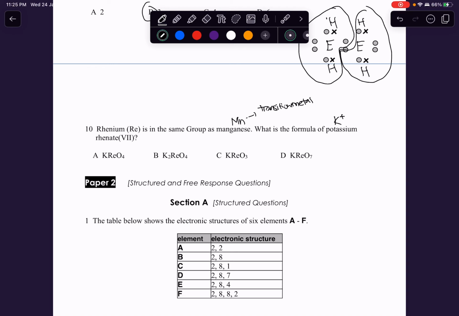But you need to remember your potassium manganate, so that you can link it to rhenate.